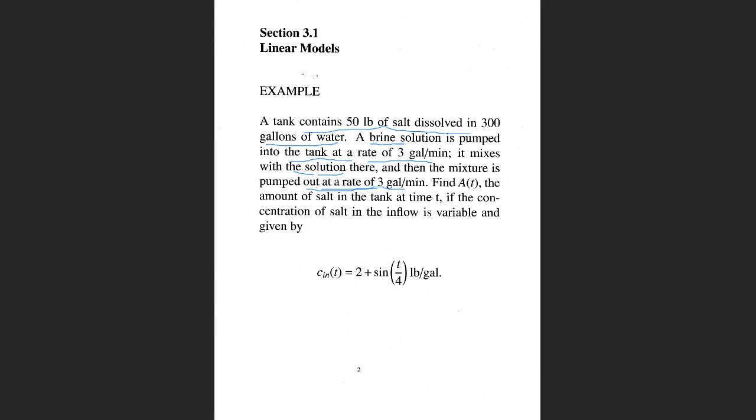Okay, so could the mixture be pumped out, let me just ask, could we pump the brine solution in at 3 gallons per minute, and then let the mixture get pumped out at a rate of 2 gallons per minute? Would that be all right? Well, the amount of liquid in the tank would start to increase. That's right. What would eventually happen? I guess it would overflow. It would overflow.